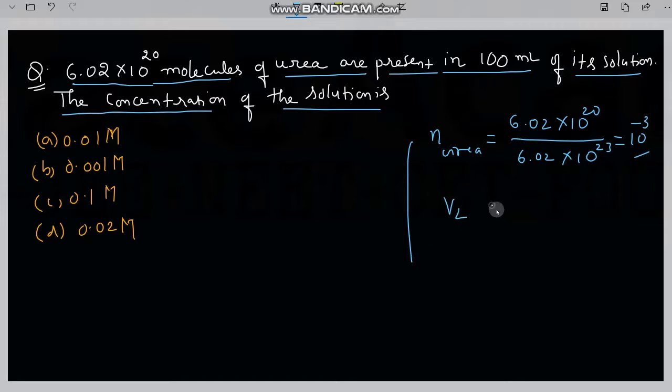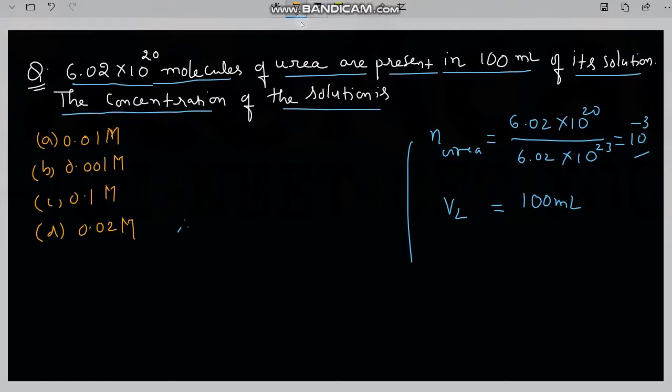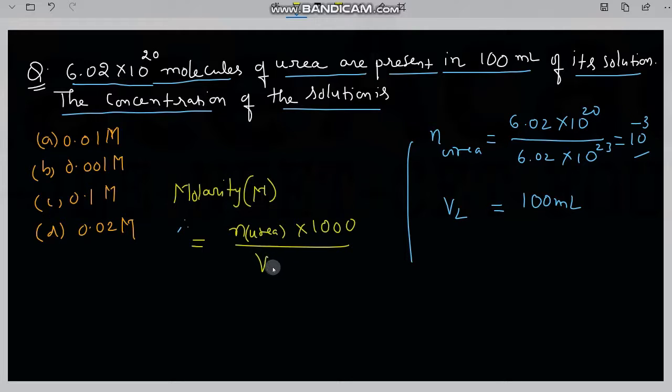Moreover, the volume of the solution given in the problem is 100 ml. Therefore, the formula to calculate the molarity of urea: capital M equals the number of moles of solute, here urea, into 1000 by the volume of the solution in milliliters.